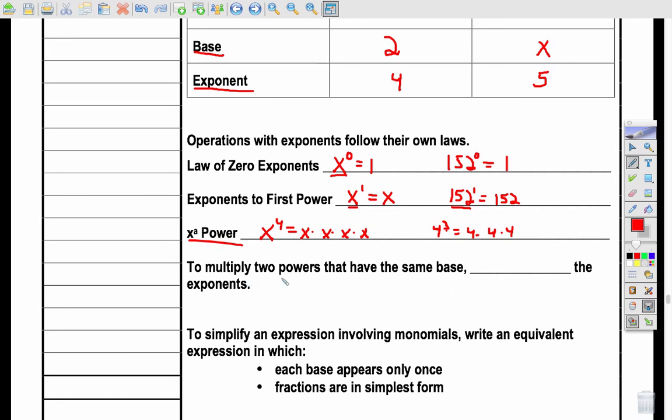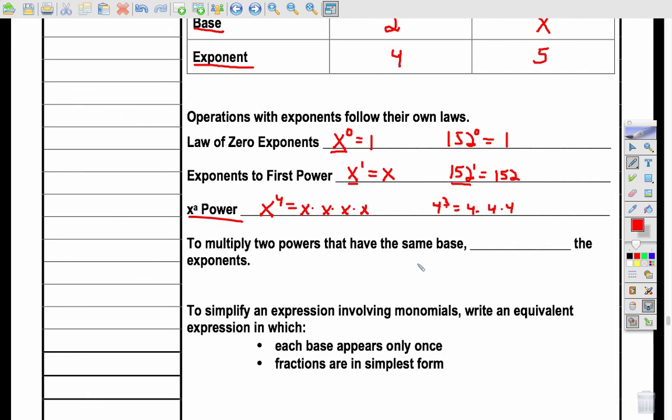All right. To multiply two powers that have the same base, all you have to do is add the exponents. So what that's saying is, okay, let's say we have x to the 4th times x to the 3rd.